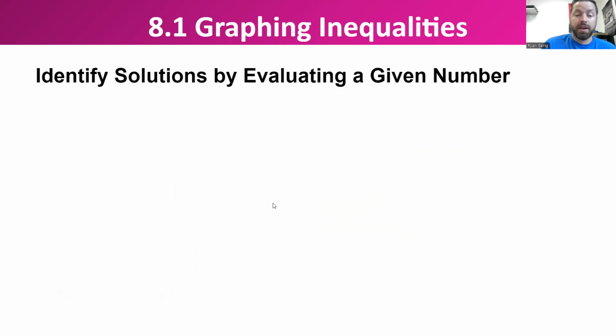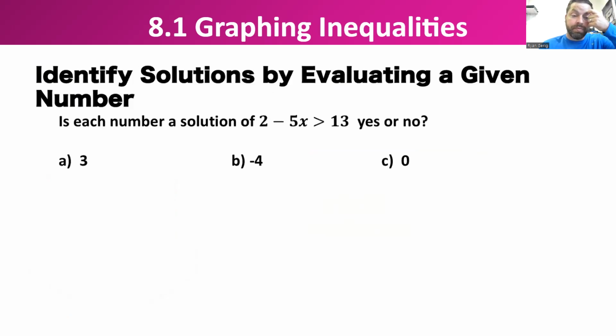Identify solutions by evaluating a given number. Is each number a solution to this inequality? It's a yes or no question, but you would want to show your work. If you just say yes or no, there's no credit given because you're not showing understanding. We take 3, put it in for x, and see whether it makes a true or false statement.